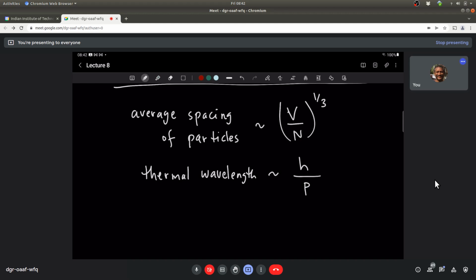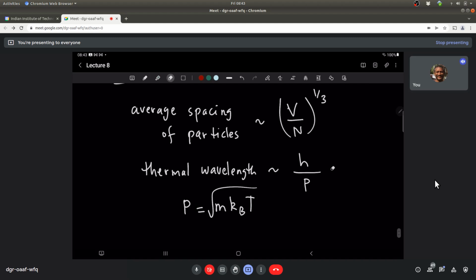So h by p, but what is p? p squared is m kBT. There are factors, but we don't want them. So let's put a square root, and p is of the order of this. So we get a thermal length scale, which is h by (m kBT) to the power half.